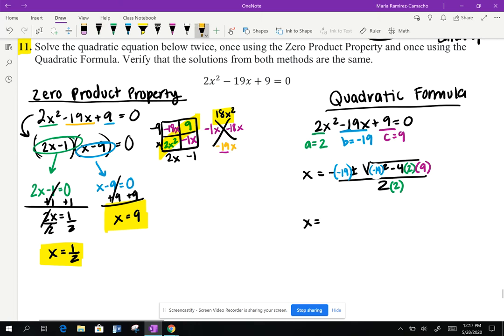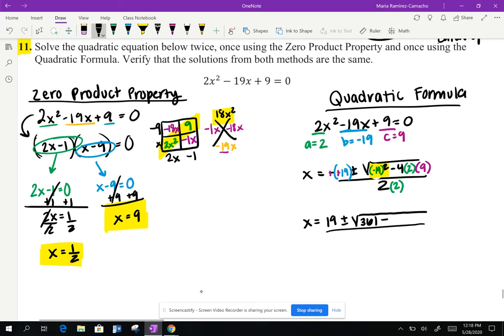I have a negative 19 out front. When I have two negatives, that turns into a positive. And so I have positive 19 plus or minus the square root of, negative 19 squared is positive 361.